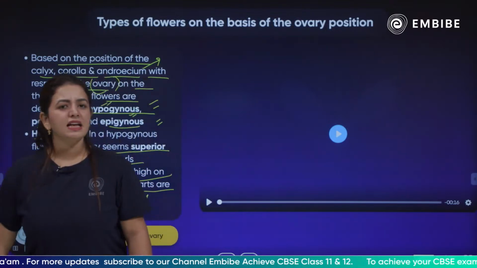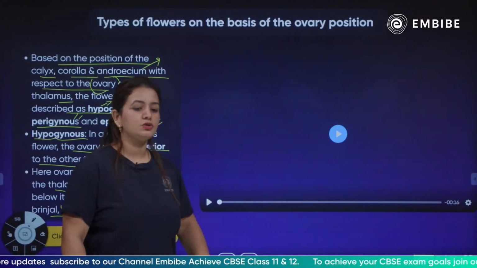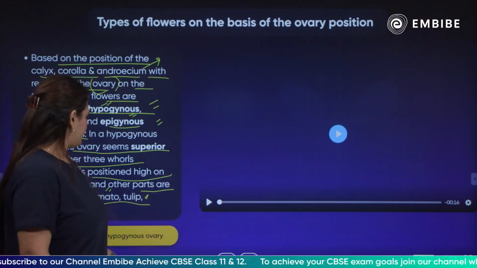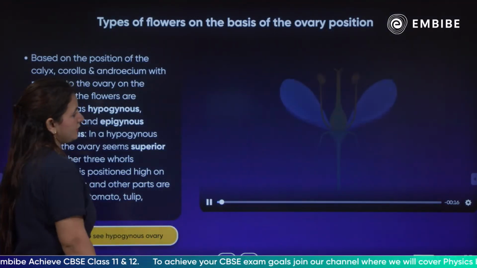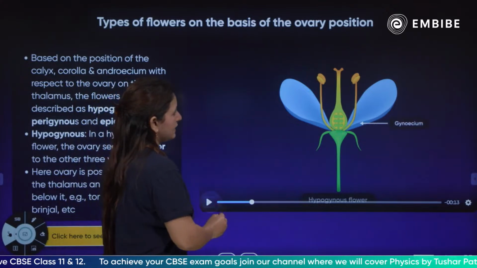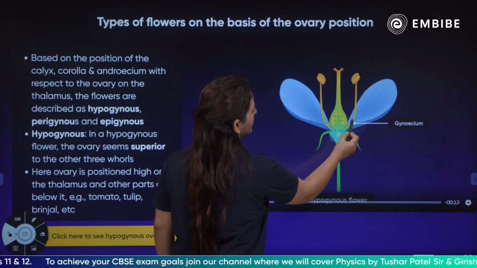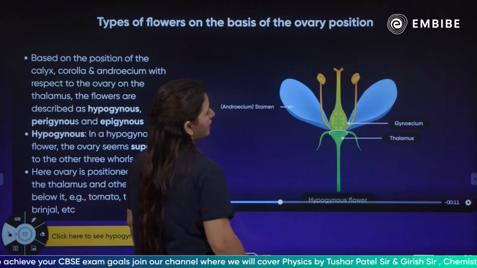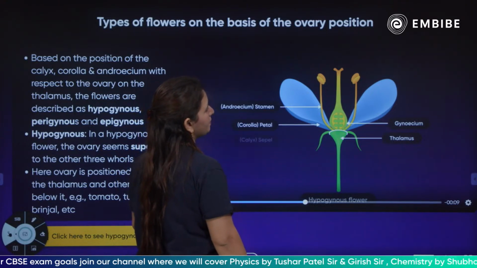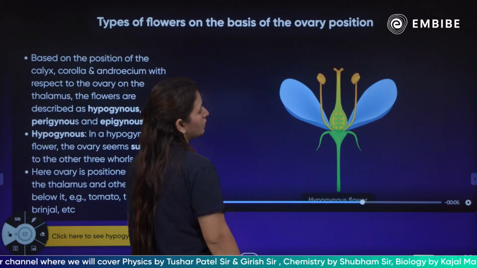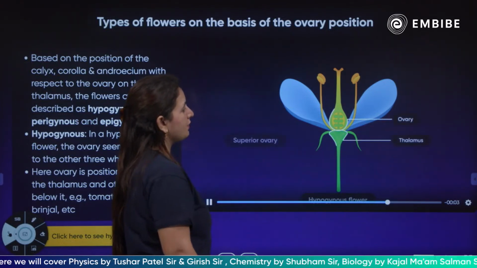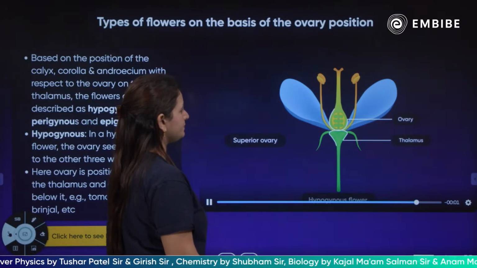Let's see exactly what we are talking about when we say superior ovary. Let's click on it and see the hypogynous ovary. So children, as you can see: gynoecium, thalamus, androecium, petals, sepals. Ovary, thalamus, superior ovary.